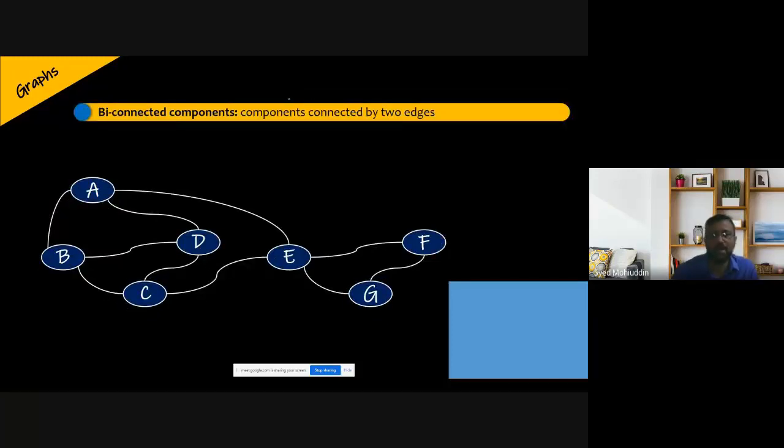Now, in the last example we had an edge between C to E. If we remove edge C to E, we get two different connected components.